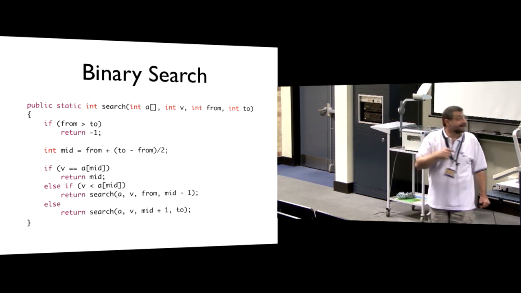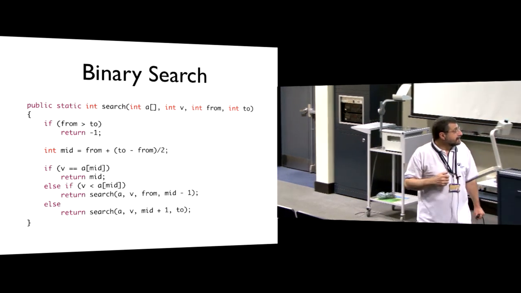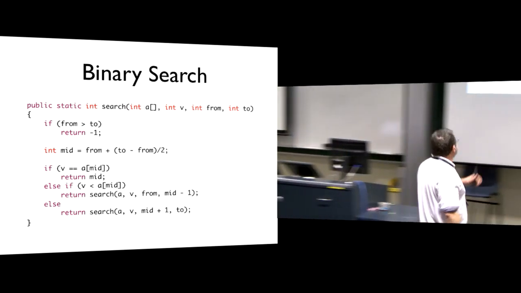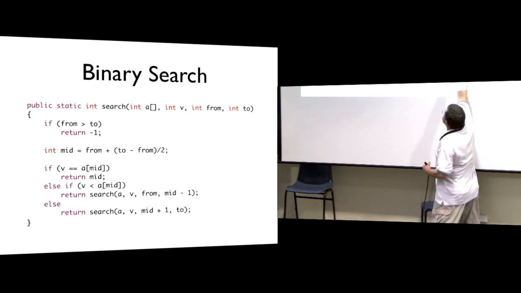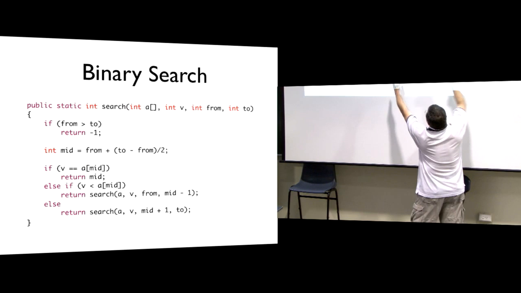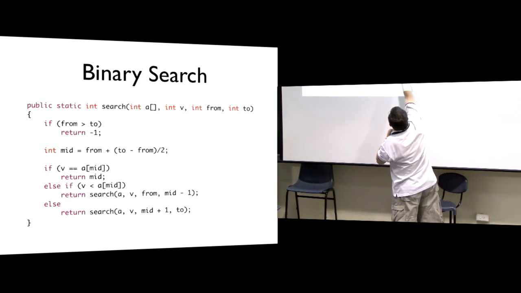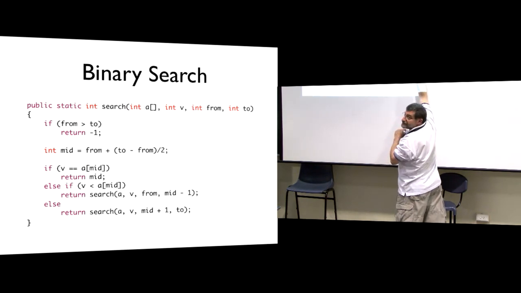The first one, the mid minus 1 becomes the end, the to. All right, so we're going to execute this one if the thing we're looking for is less than the midpoint, right? Because this is saying search inside A for v, starting from, which is the same as got passed in the first place.